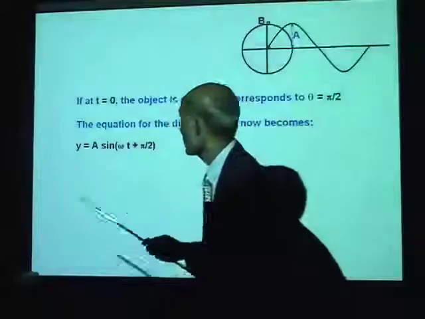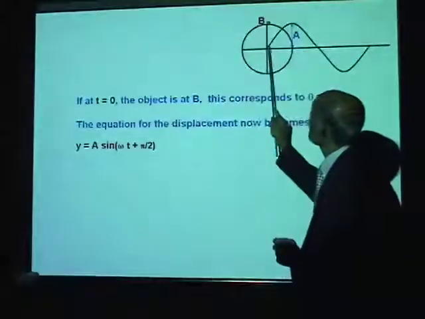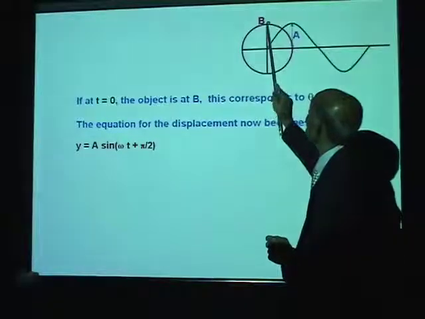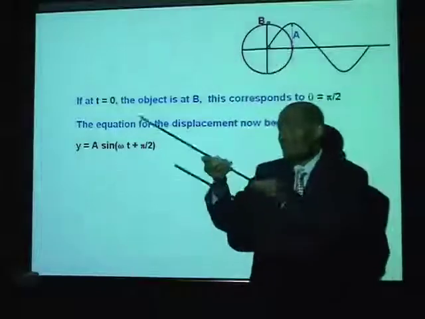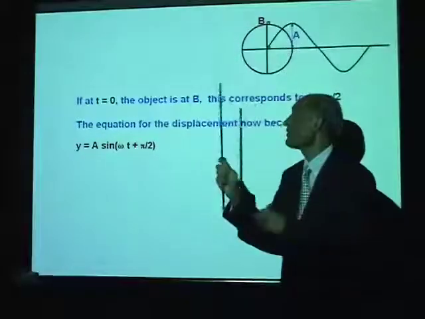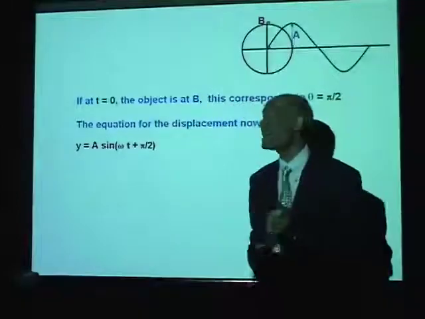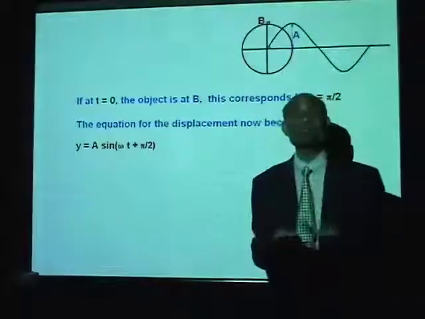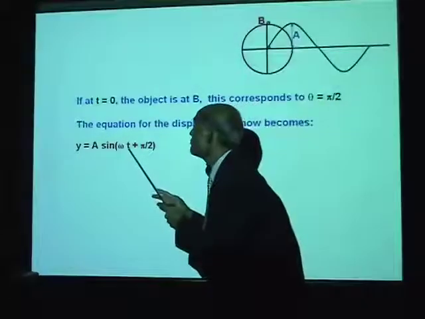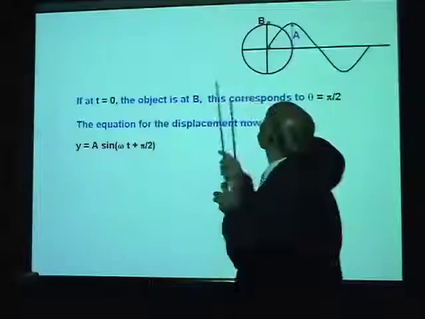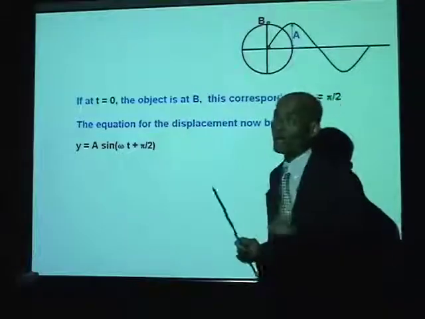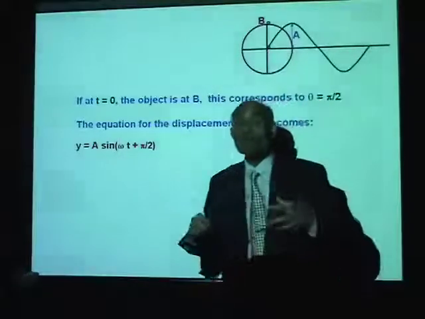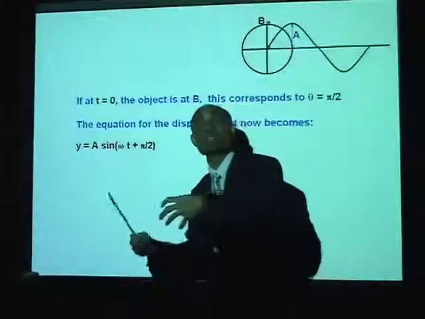Why? Because when we started the clock, you see, we forgot to start the clock here. We started the clock when the object is there. That means the radius has rotated through an angle pi by 2. Therefore, you've got to say the equation of y now is y equal to a sine omega t plus pi by 2. That means when t equal to 0, now the object is at B. Well, when t equal to 0, if the object is at the origin, the equation will be y equal to a sine omega t.